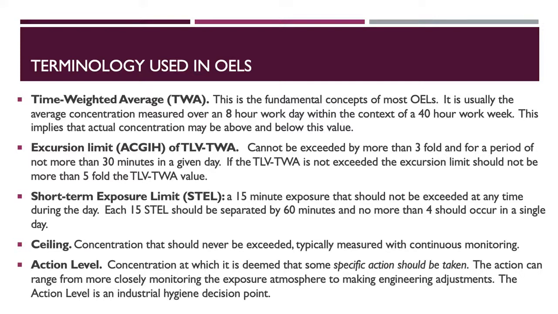So if you're measuring somebody who is exceeding the TLV, it is allowable to exceed the TLV, but not more than 30 minutes in a given work day. So their time-weighted average is at the TLV, and they're allowed this excursion, which is 3 times the threshold limit value for a 30-minute period.